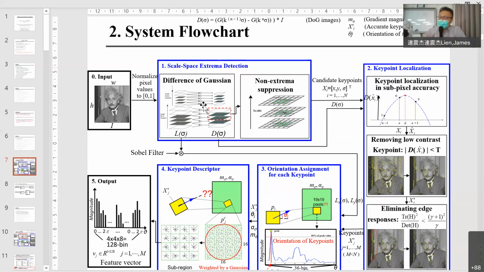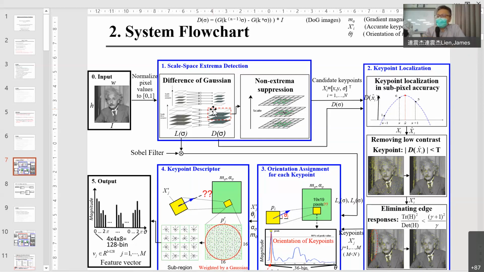The advantage of the DOG is that it not only removes the Gaussian noise, but also does edge detection. After we do edge detection using the DOG, it doesn't mean Sobel is not good. If you don't care too much about the speed, you can still use Gaussian smoothing and Sobel. It's fine.